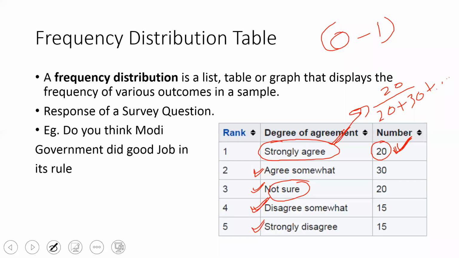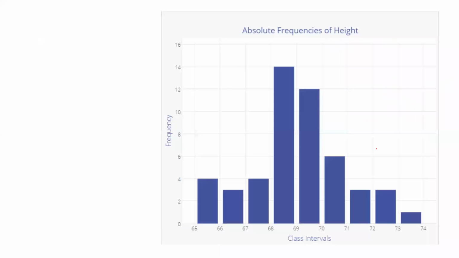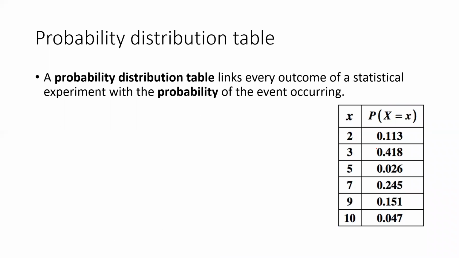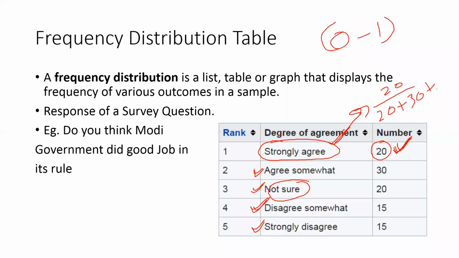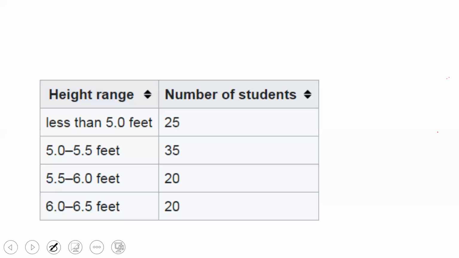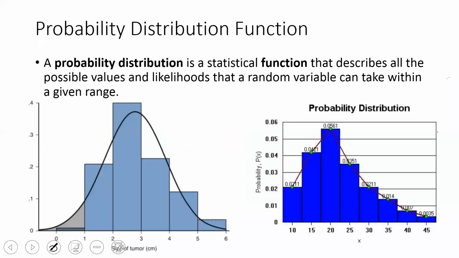This we will call the probability distribution table. From the frequency distribution table, I will convert these frequencies into probabilities now. This is a simple thing that we do.